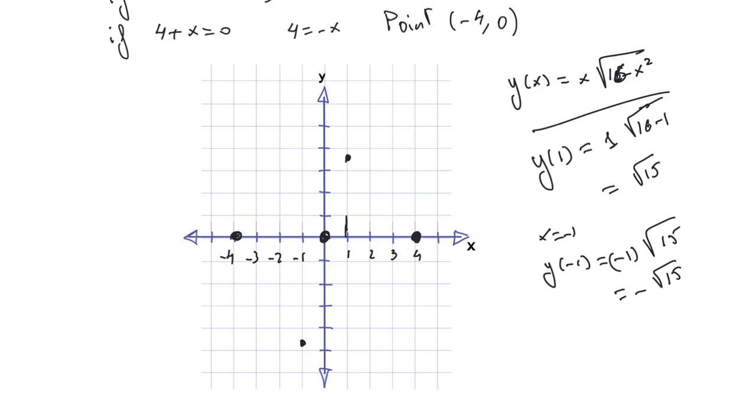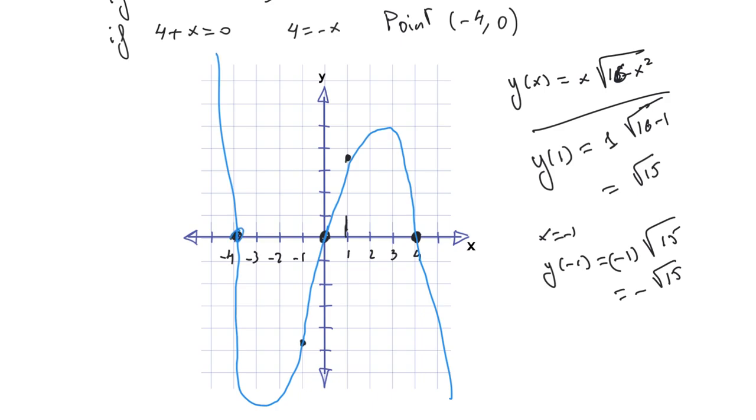It will be like this. It will be symmetrical. But how do you think the graph will go? Well, it has to go from here to here. It has to go somewhere to a maximum and has to come back to cross the intersection. It has to go like this.